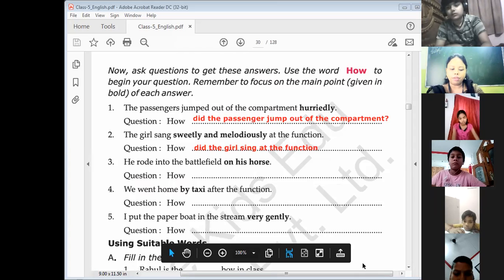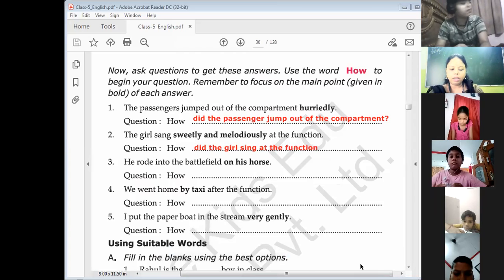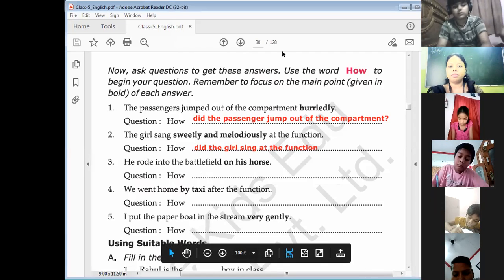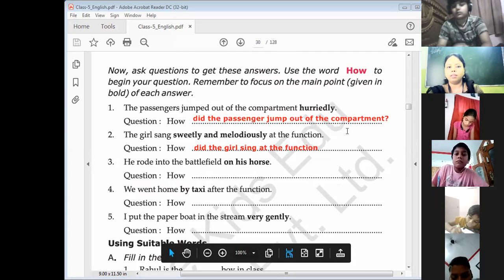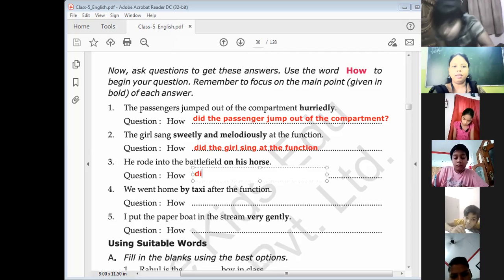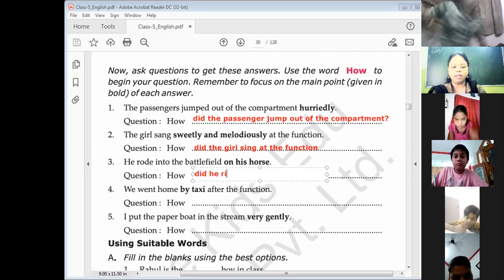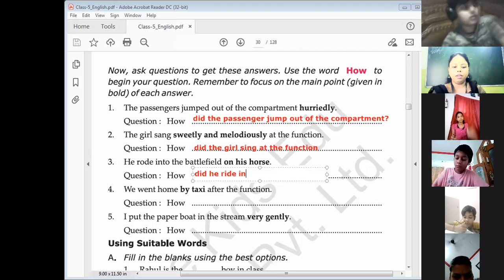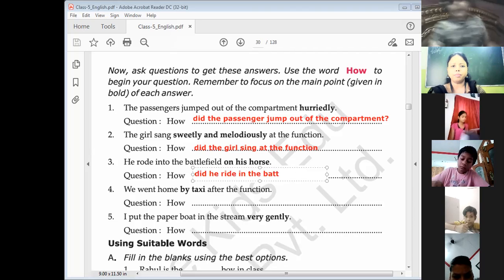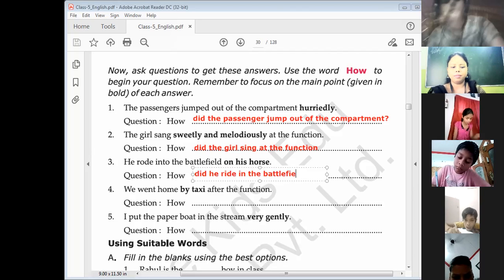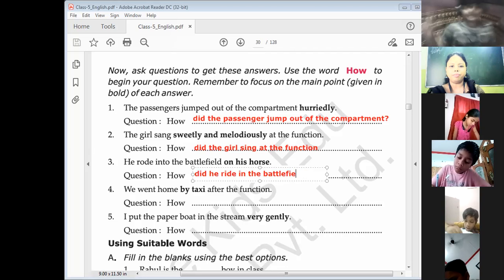Understand? So the question will be: how did he ride into the battlefield?